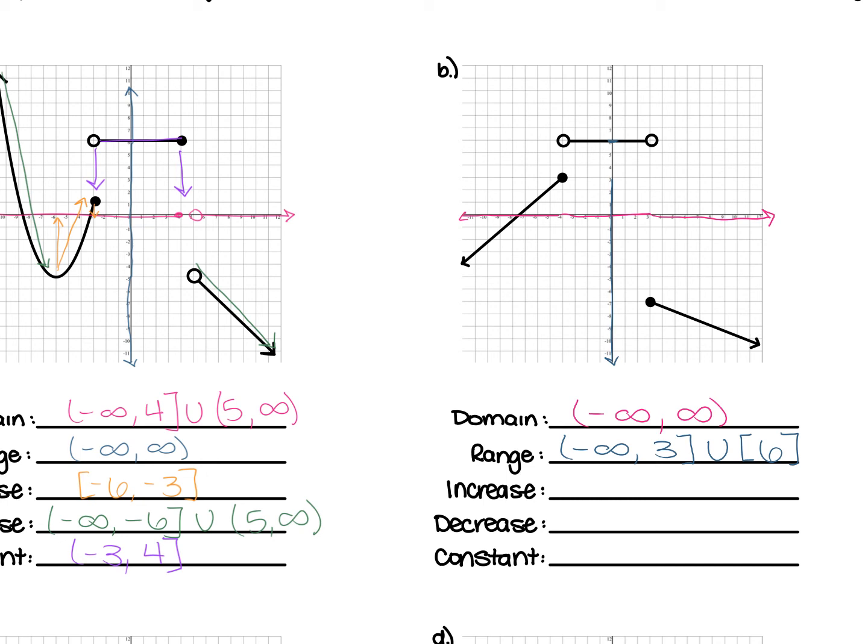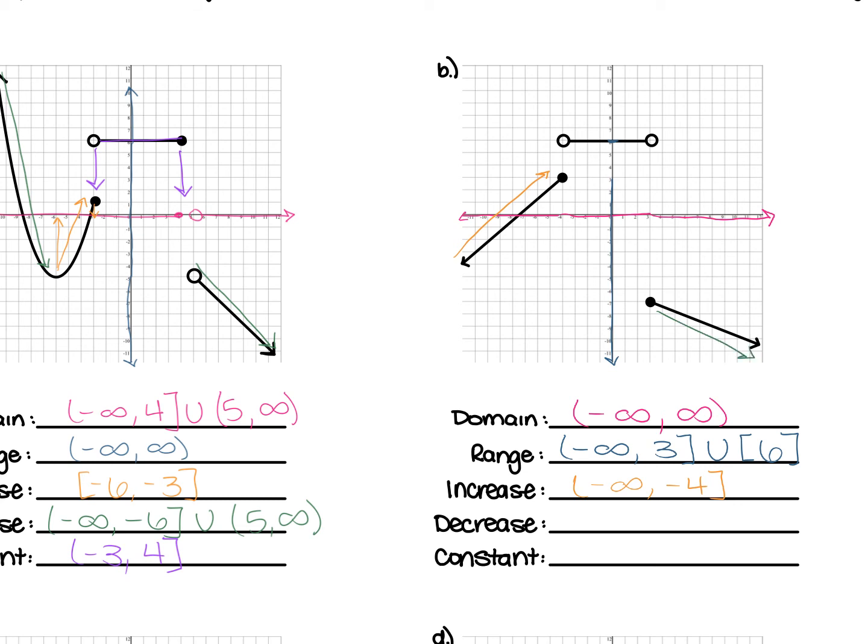Next, for your increase, again, x values for your increase. You're going up from left to right, from -infinity to, we said that was -4. Then your decrease happens, again, left to right.